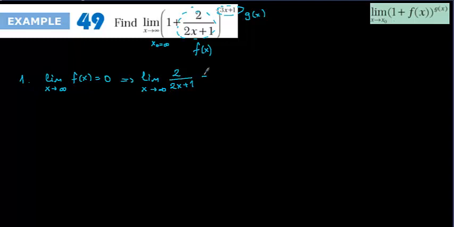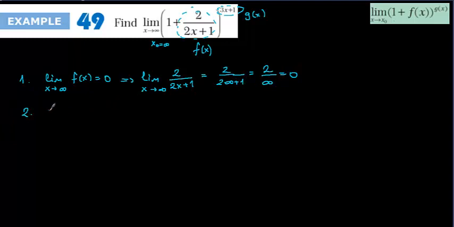As you see, when you replace, 2 over 2 times infinity plus 1, that's equal to 2 over infinity, and that's equal to 0.